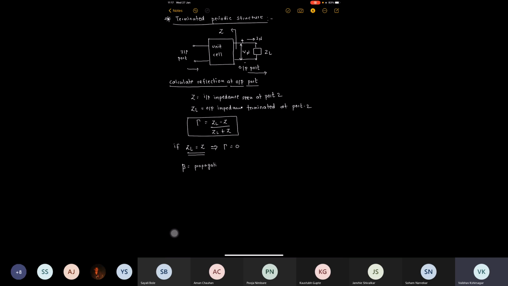Beta is the propagation constant. K is the free space wave number. I hope these terminologies of the waveguides are known to you from our last semester's microwave engineering subject, when we studied the waveguide chapter. And Kc is the cutoff wave number.